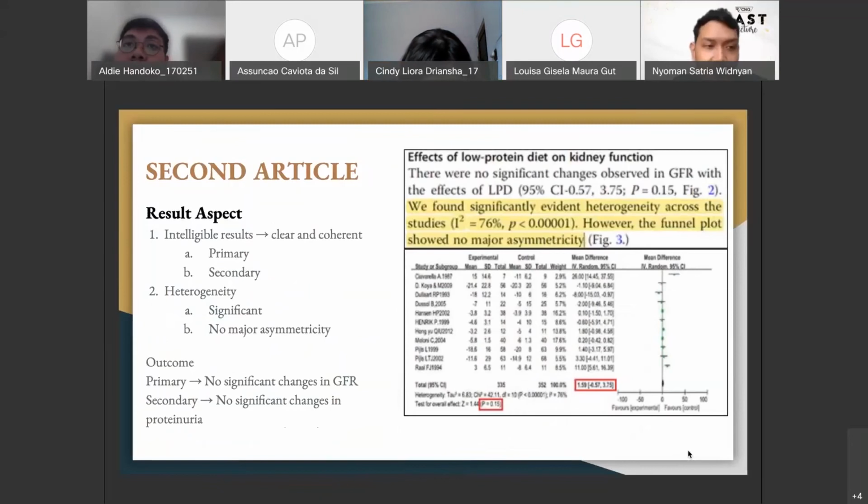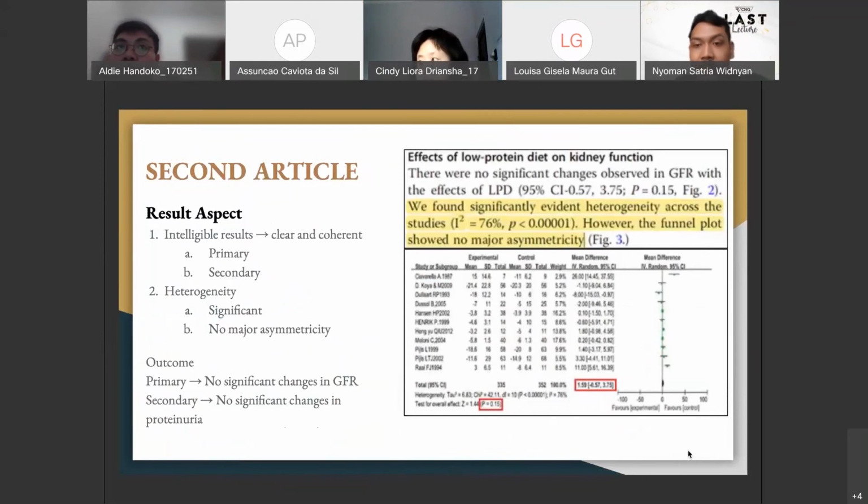Okay, now I will show you the result aspect from the second article. As we can see, the results are intelligible, clear, and coherent. And there are 3 aspects that we can see: primary outcomes, secondary outcomes, and subgroup analysis.